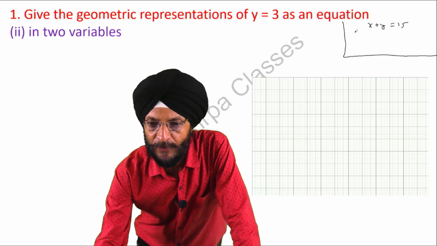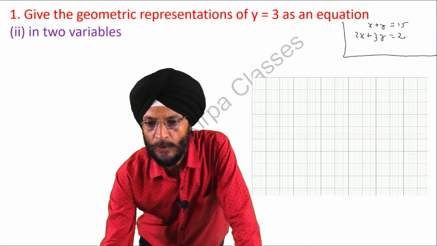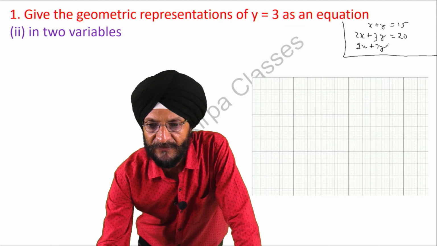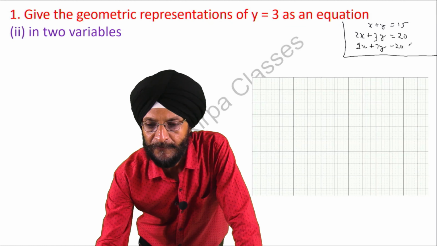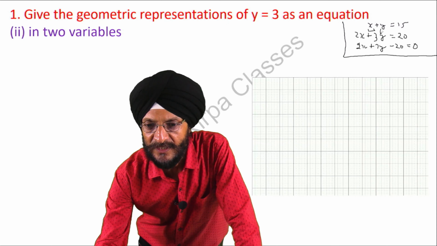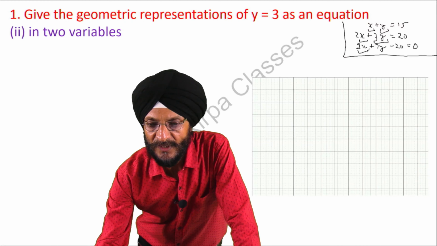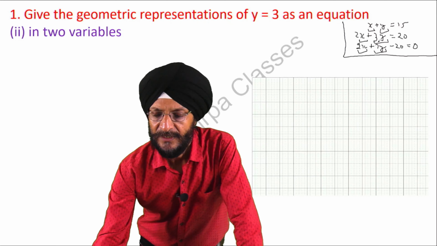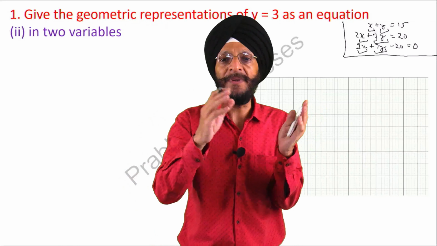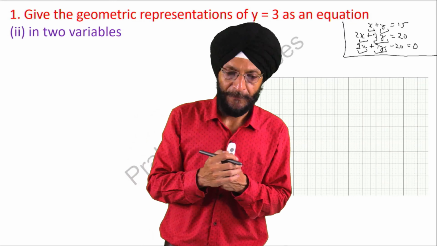It may be in the form of 2x + 3y = 20, or it may be 2x + 7y - 20 = 0. In this case you will see that these are two variables, x and y. In place of x and y, there may be variables written as p, q or r, s or y, z.